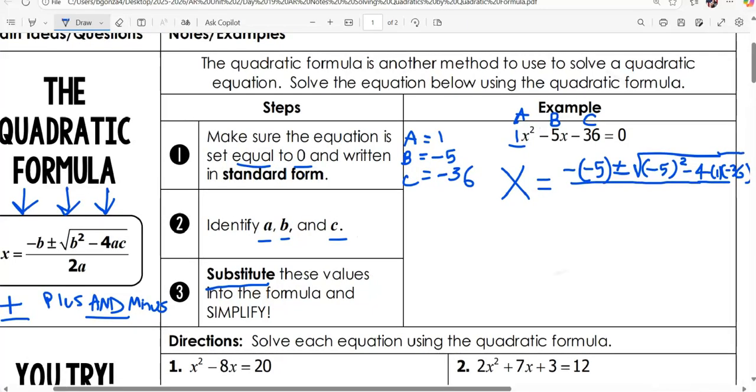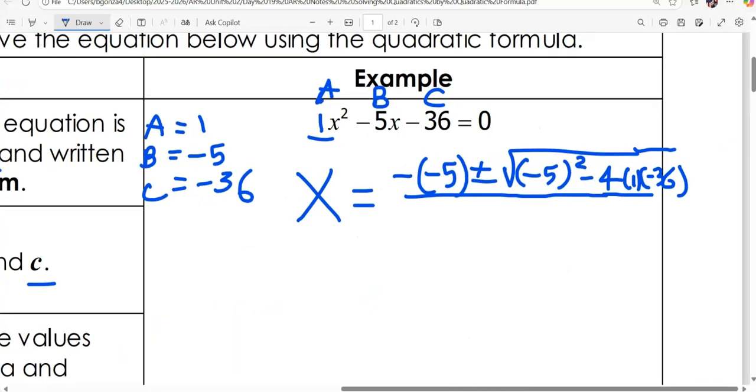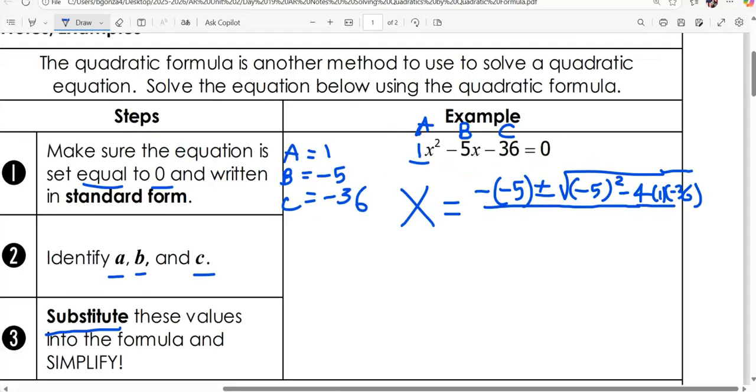Why so many brackets? They're called parentheses. Divided by 2A, A is 1. Okay?